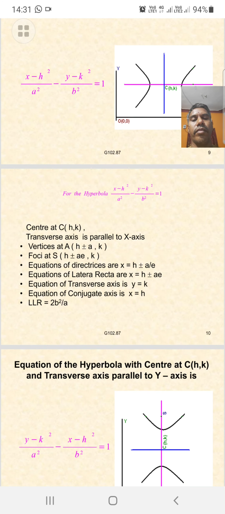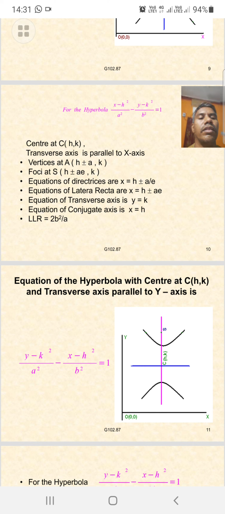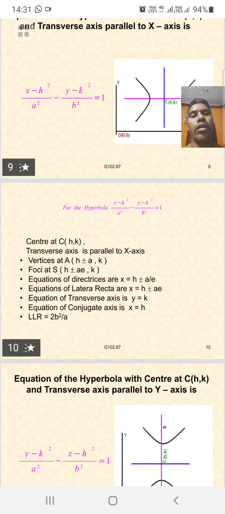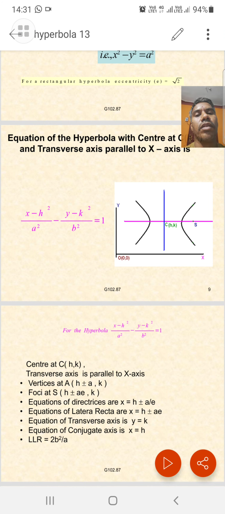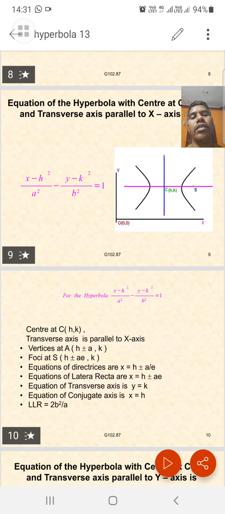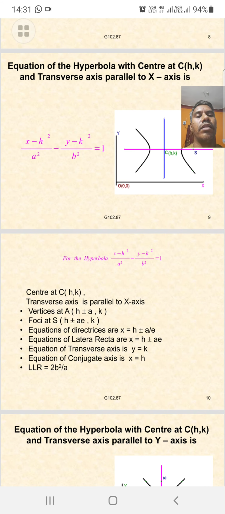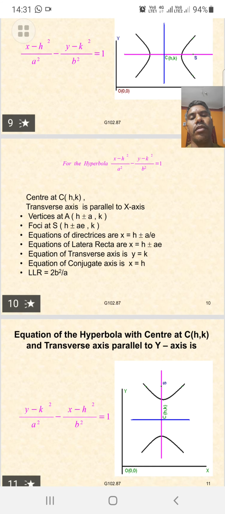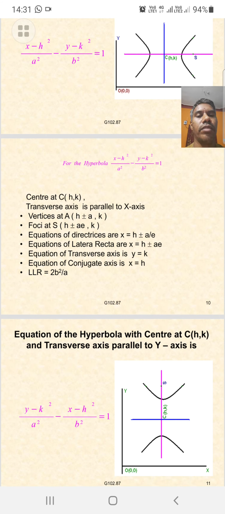It is like the ellipse. Ellipse also has 4 forms. The first two forms are with center 0, 0, and the other 2 forms are with center h, k. In the same way, hyperbola also has 2 forms with center 0, 0 and 2 forms with center h, k. So the hyperbola contains 4 forms majorly.